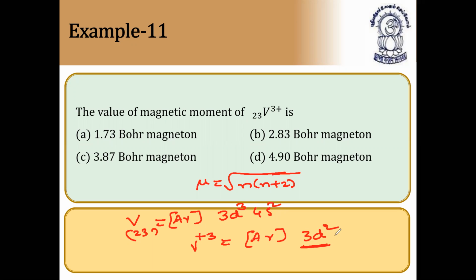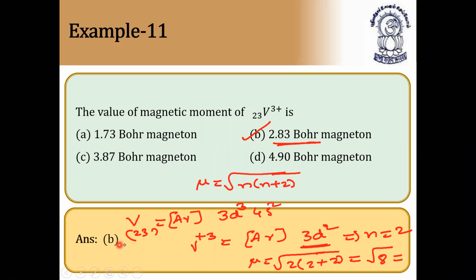So it is argon 3d2, which implies n is equal to 2 unpaired electrons. By this we can say mu is equal to root of 2 into 2 plus 2, that is root 8, which is approximately 2.83 Bohr magneton. So the answer is the second option.